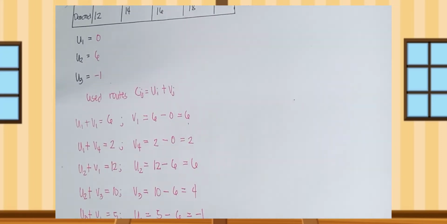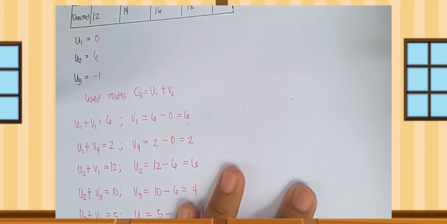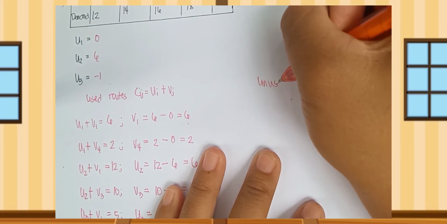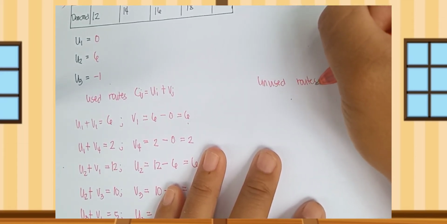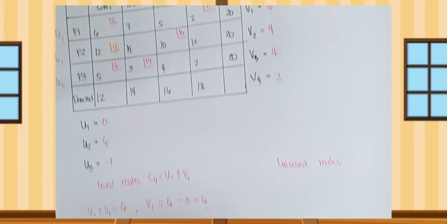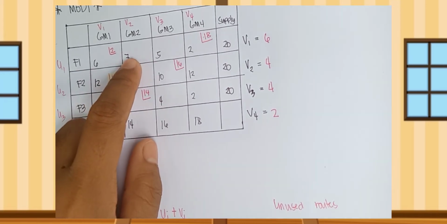So next we will find the value for the unused routes, or the cells that are not occupied. So we have the U1 and the V2.